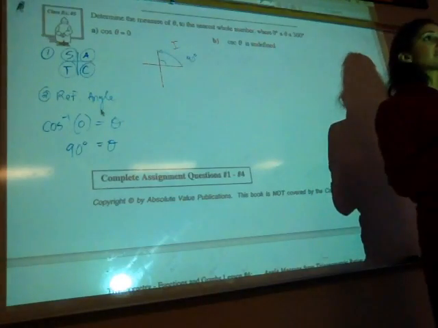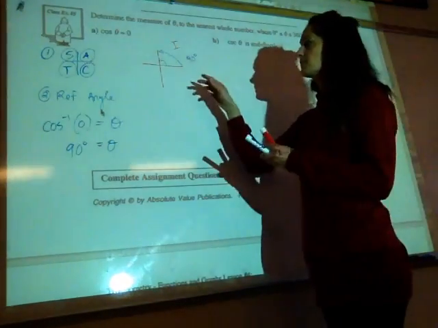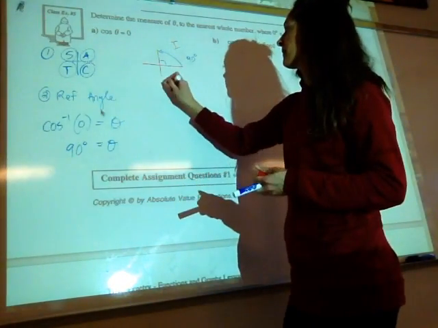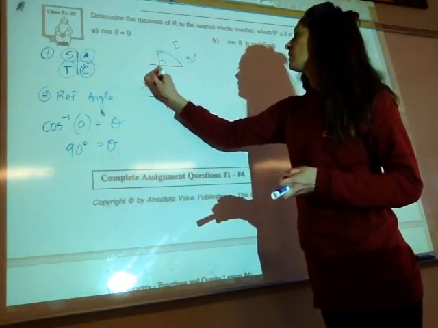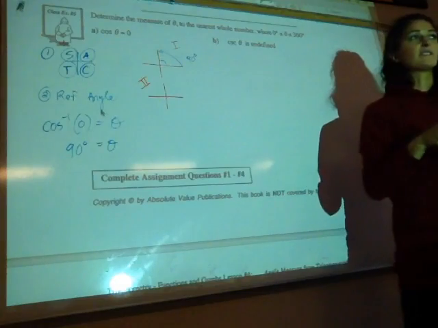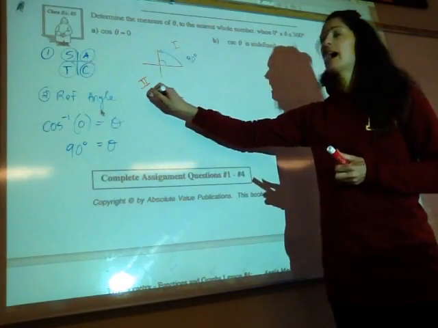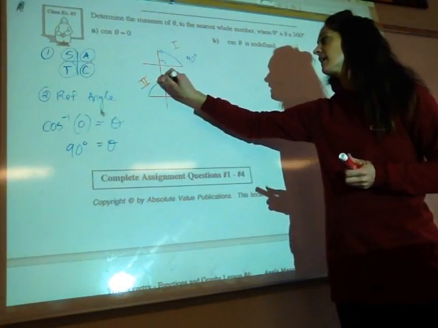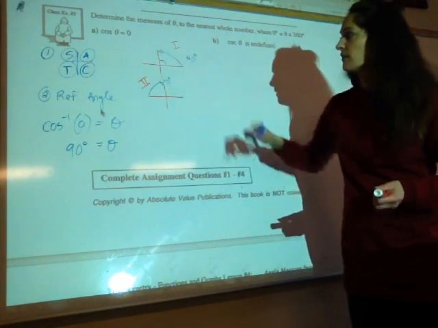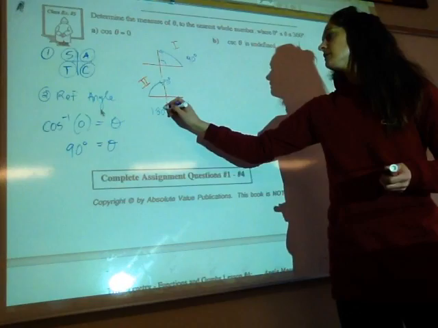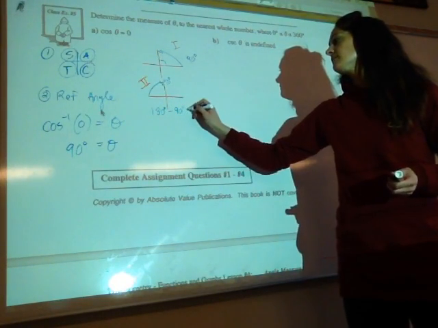Okay, what's going to happen if we're in quadrant 2? If I use a reference angle of 90, I'm going back from 180. 180 minus 90 puts me back to a solution of 90 degrees.